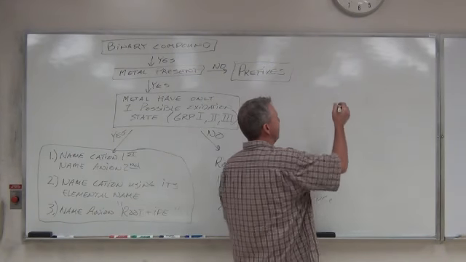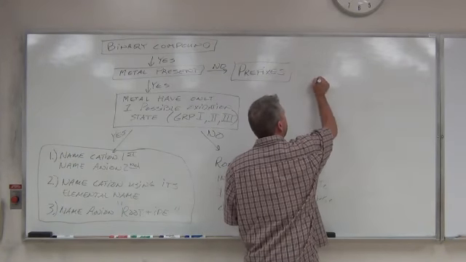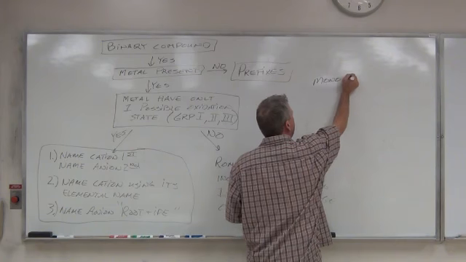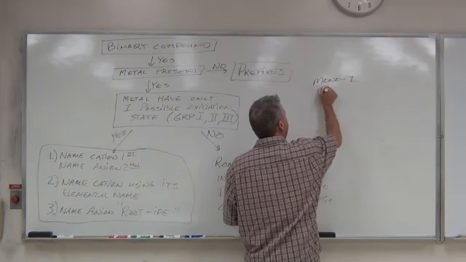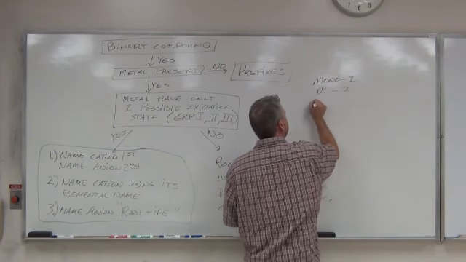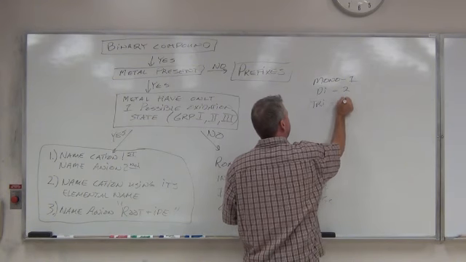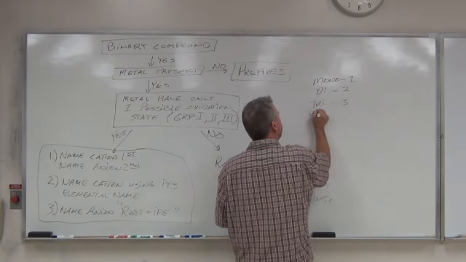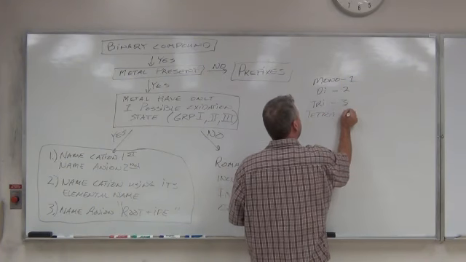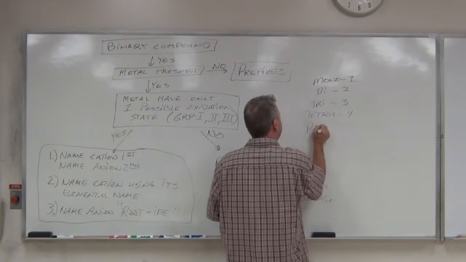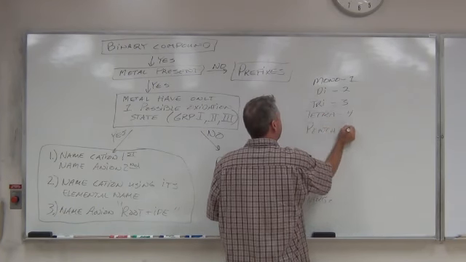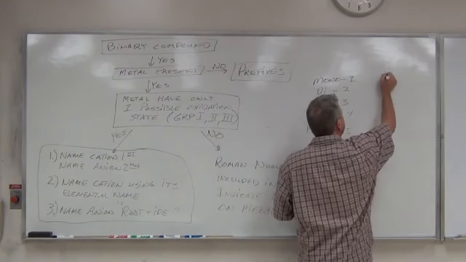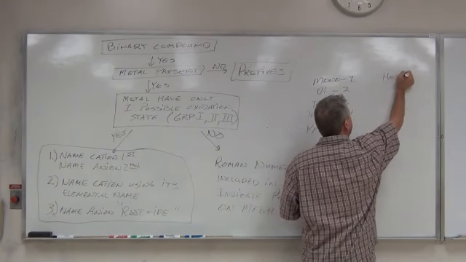We have prefixes. Mono is 1. Di is 2. Tri is 3. Tetra. Penta. Hexa, 6.